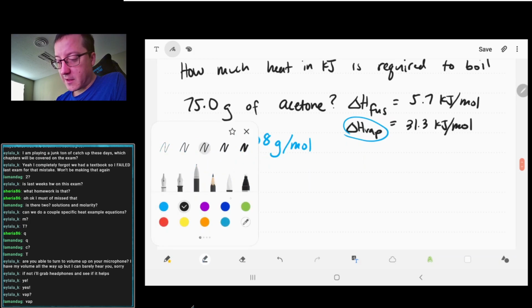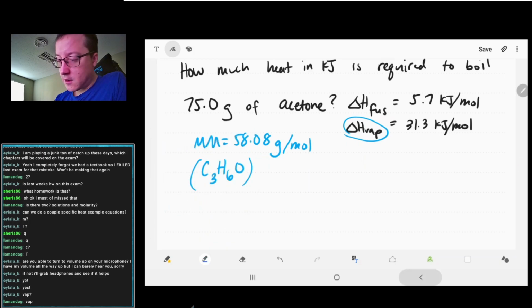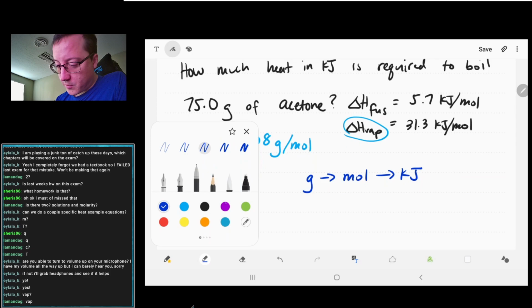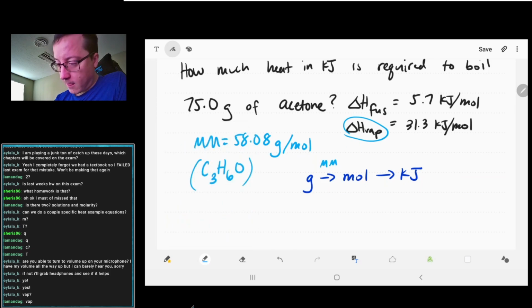So let's plan this out. We are going here from grams to moles and from moles to kilojoules, right? Remembering grams to moles is always our molar mass. And from moles to kilojoules, that's our delta H vaporization, since we're talking about boiling.